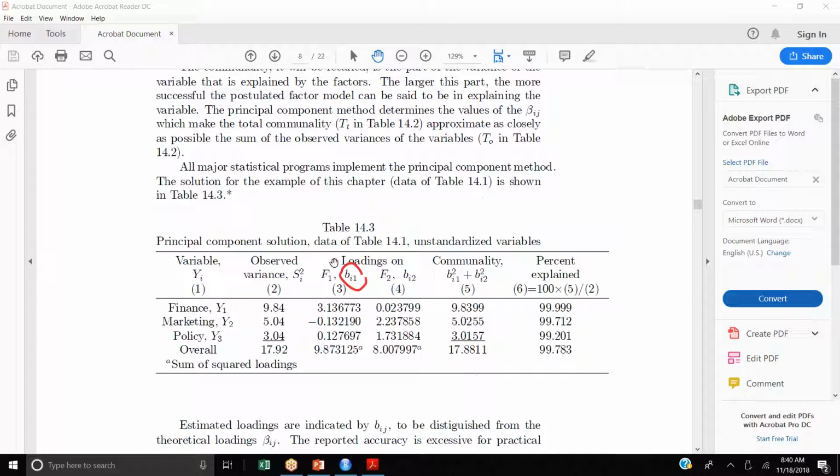But this is nothing new, we feel we always do this. But here the values displayed are the values of F1, or F1 into BI1.